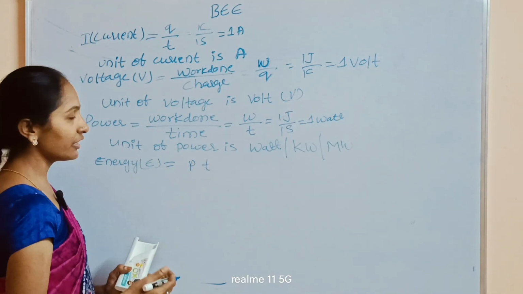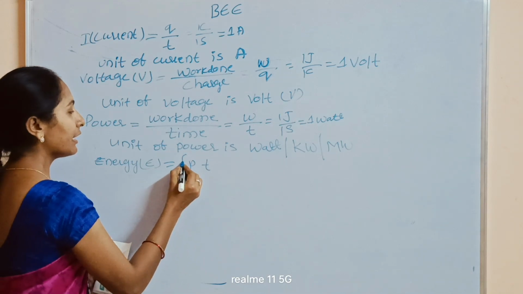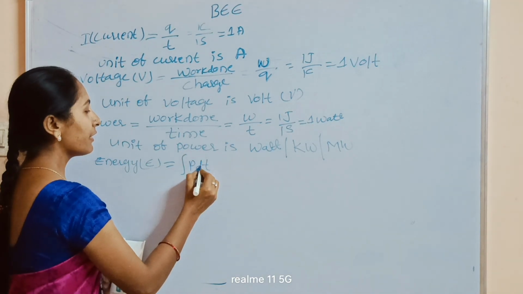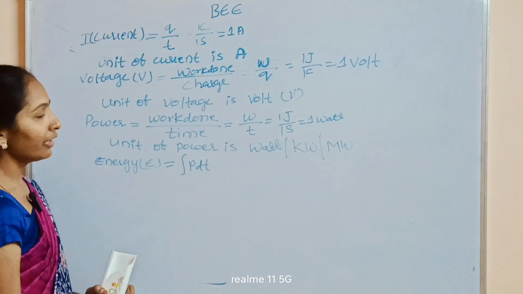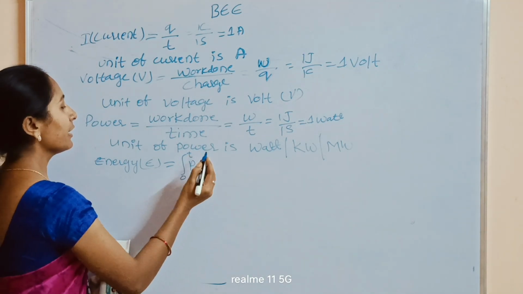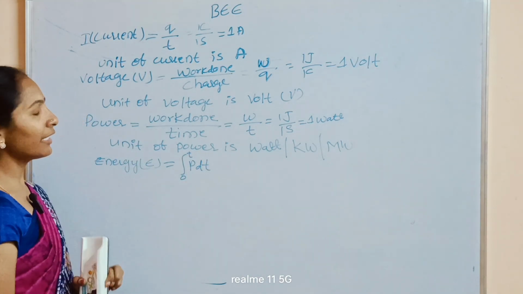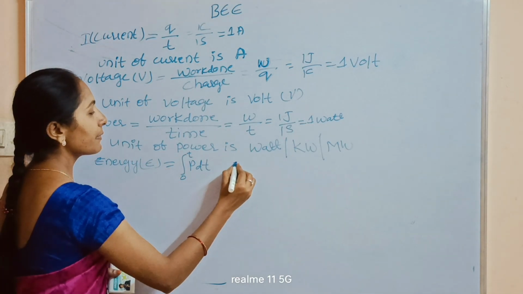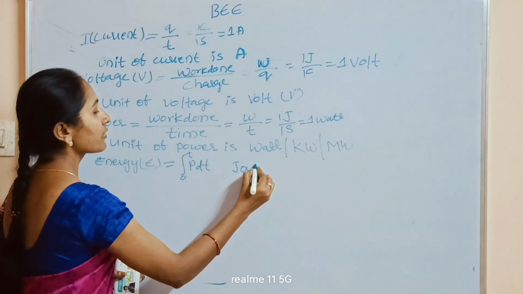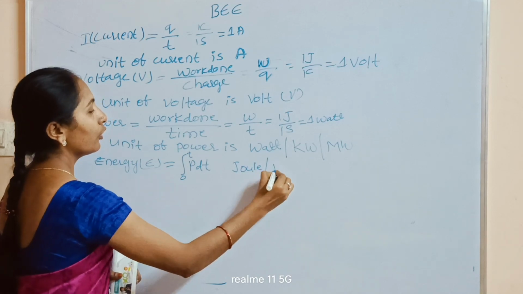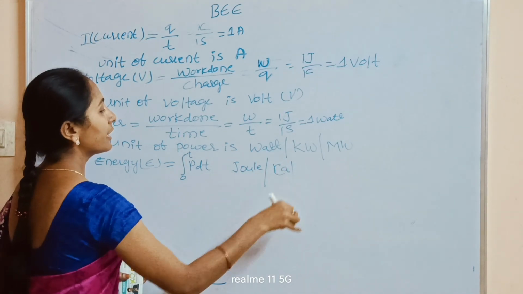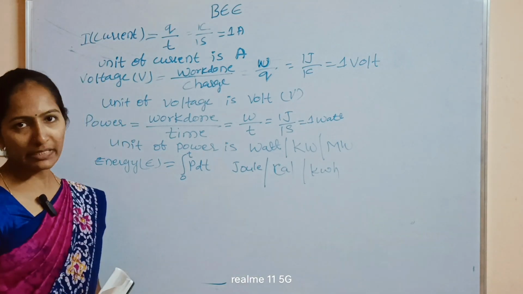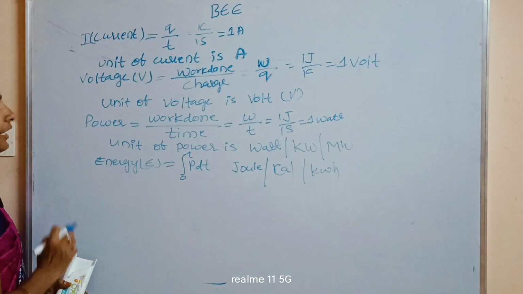If we are considering change in time, we can apply integration, so the integral from 0 to t of p dt gives the energy value. Energy is measured in joules, kilocalories, calories, or kilowatt hour.